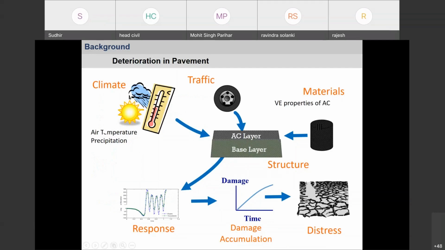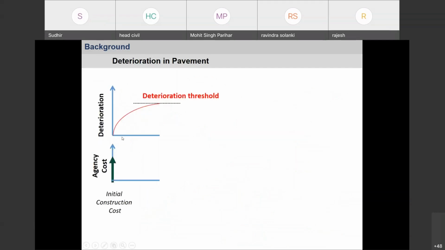So if I would like to, as an engineer, start plotting deterioration with time by defining some form of a term for deterioration, I would, as I explained, see that with time in x-axis, this deterioration will keep on increasing as time will pass.